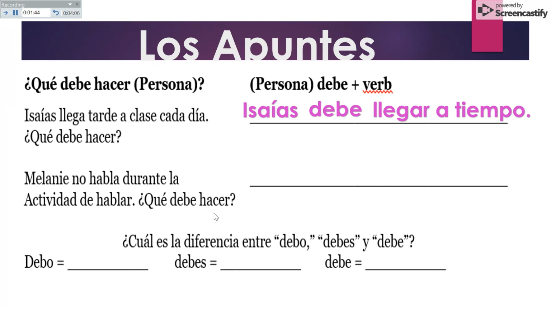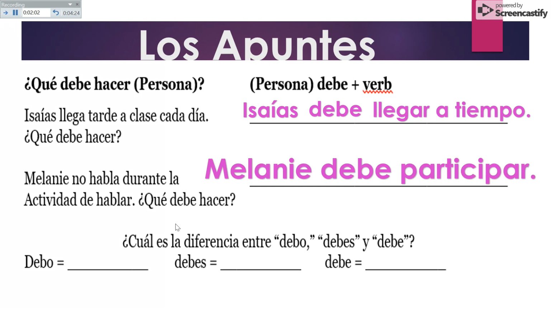Take a moment to write Melanie should participate in Spanish. Melanie debe participar. Very good.